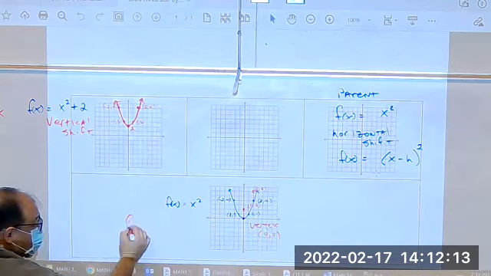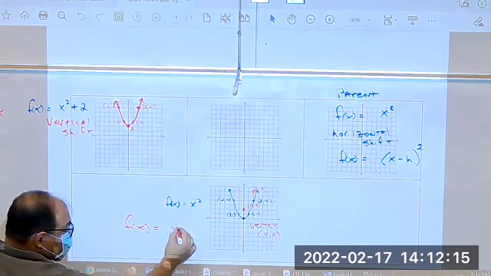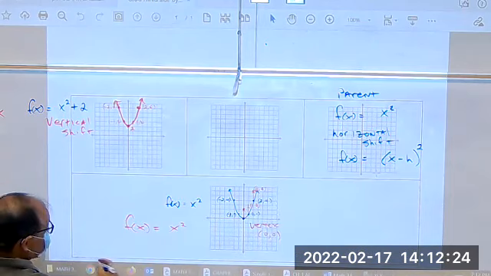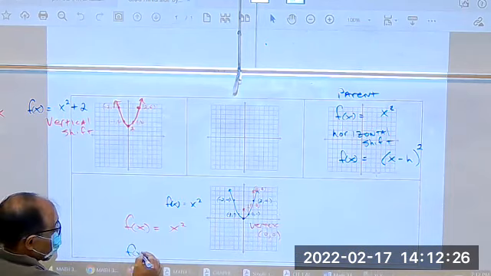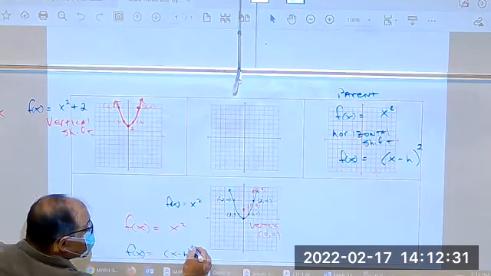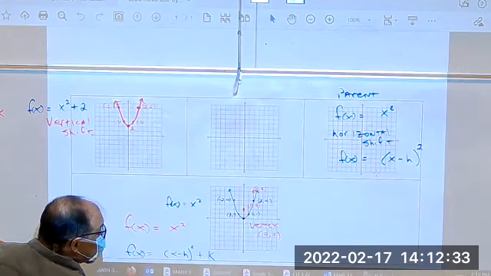Well, look at this equation. F of x is just simple x squared. Well, it is also part of this new function. F of x is parentheses x minus h squared plus k.